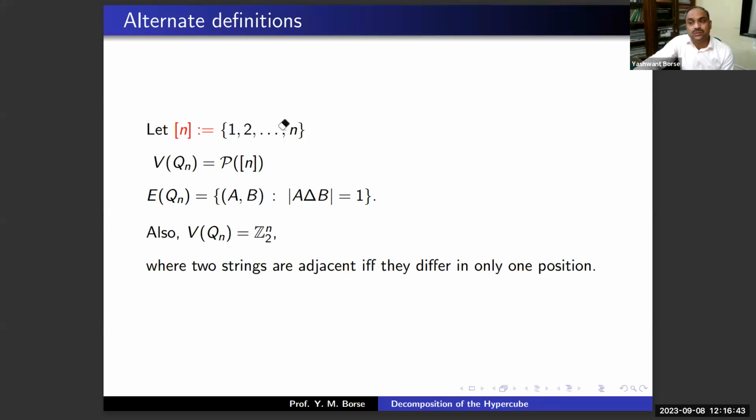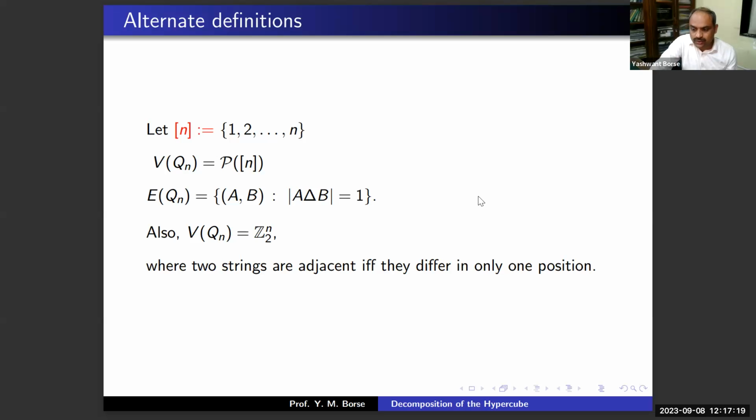So there are 2 raised to n such strings, and two strings are adjacent if and only if they differ in only one position. So these are three different approaches to Qn. One, it is a Cartesian product of n copies of K2. Second, its vertex set is the power set, and the adjacency relation is defined through symmetric difference. And the third approach is the binary string approach.